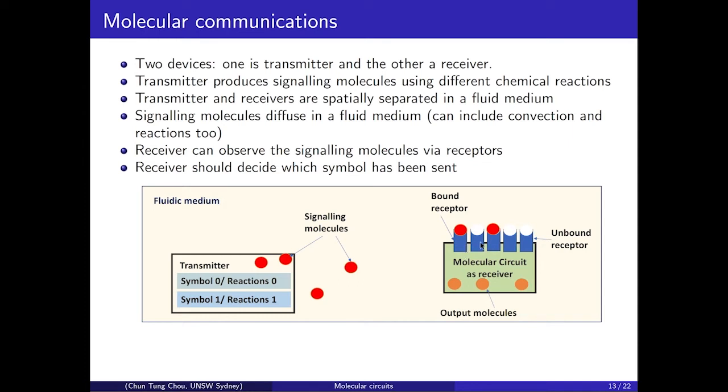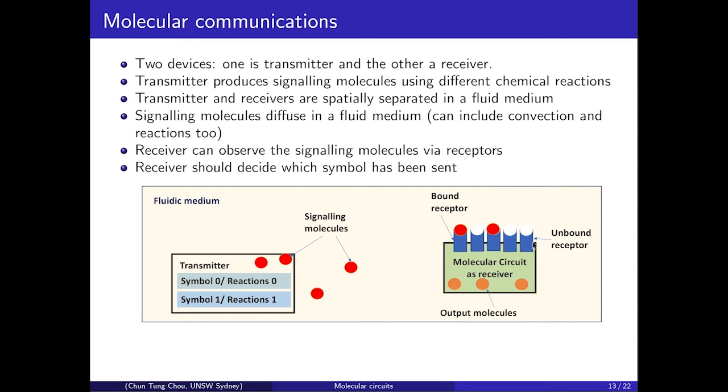At the receivers, we have molecules that we call receptors. If a single molecule has bound to a receptor, then we call it a bound receptor, and it can produce certain effects within the circuits. Some of these receptors are not bound.